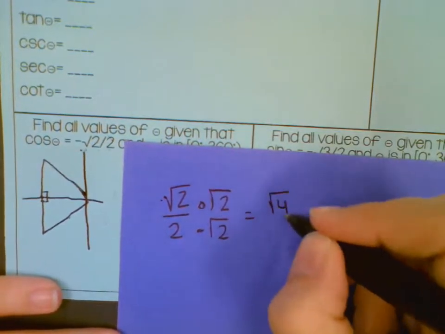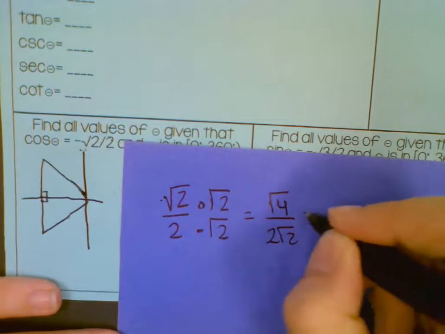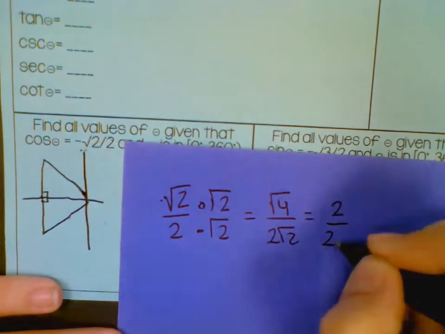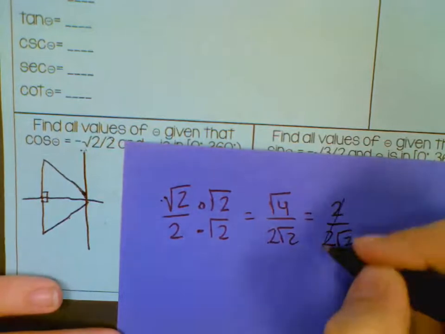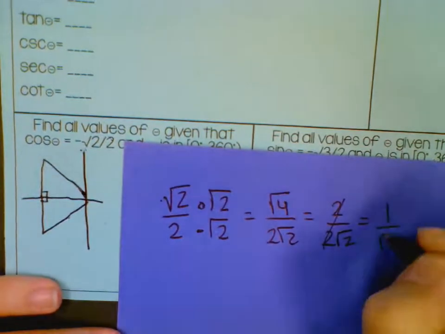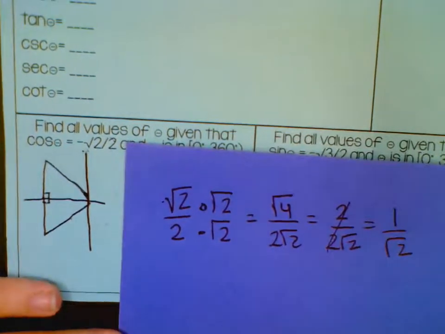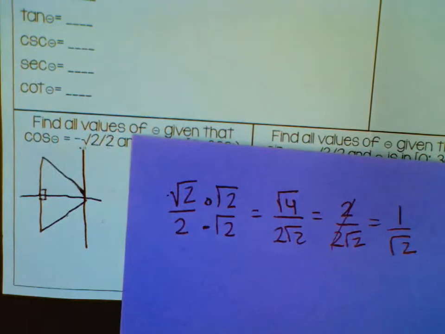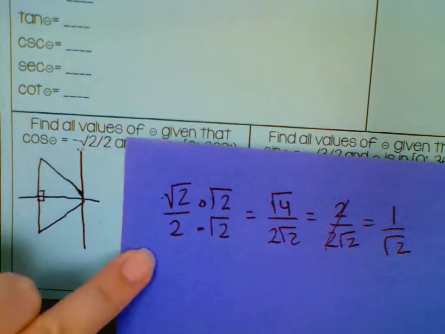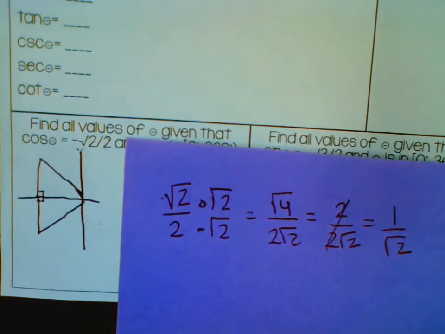So we'd have the square root of 4 over 2 root 2, which means 2 over 2 root 2. And if we cancel out those extra 2's, we have 1 over root 2. So that's what we're more familiar seeing on our triangles, but our final value would have been root 2 over 2 because we have to have those rationalized answers.